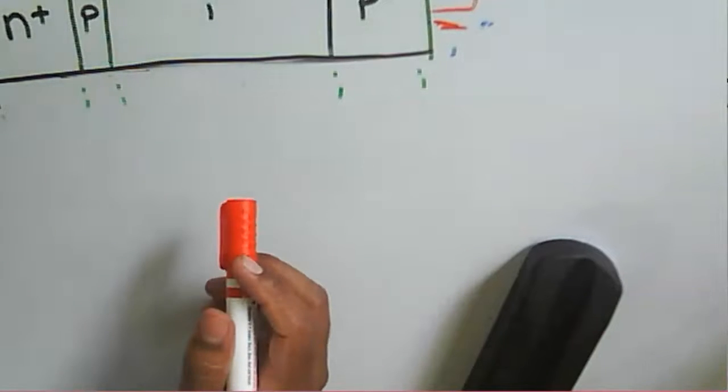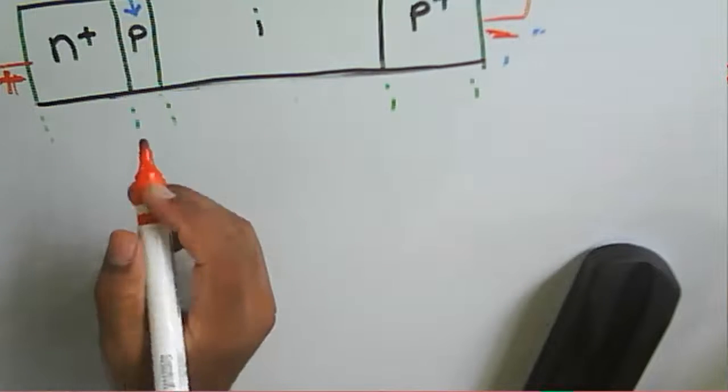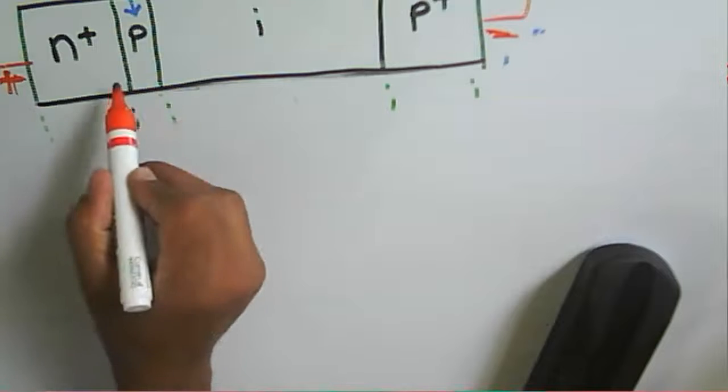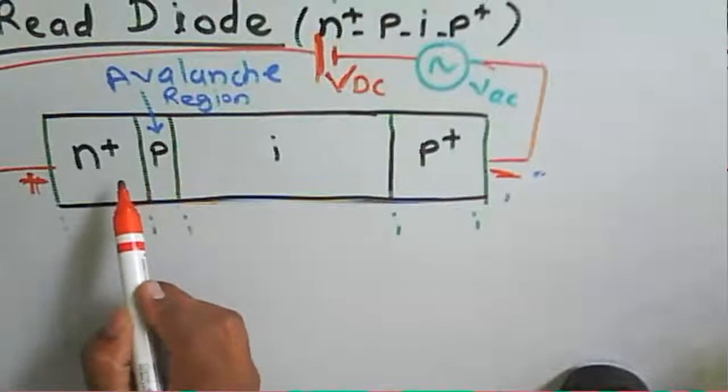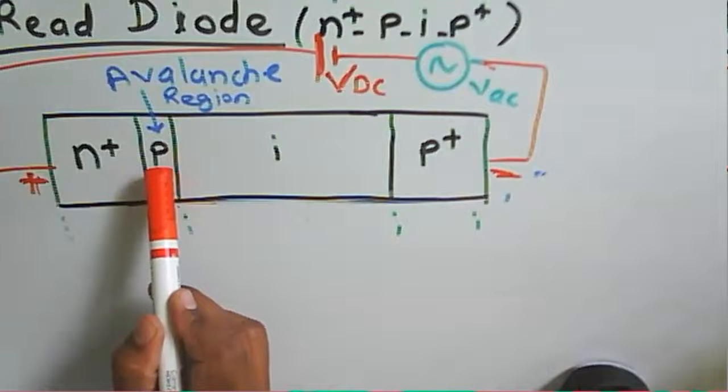Now, what will be the power efficiency, and what will be the power of this particular Read diode? Generally, in a Read diode there is the avalanche region, so avalanche multiplication takes place in this region.